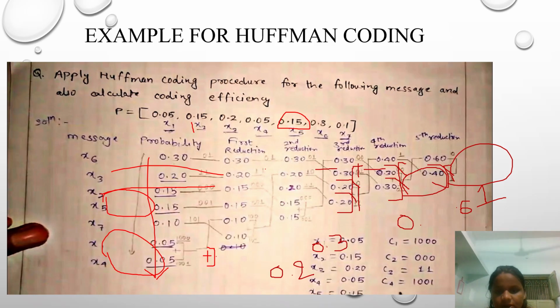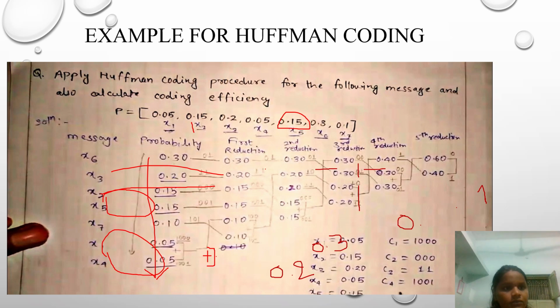Let us explain. We need to start from this one onwards. We need to assign 0 for one and 1 for this one.